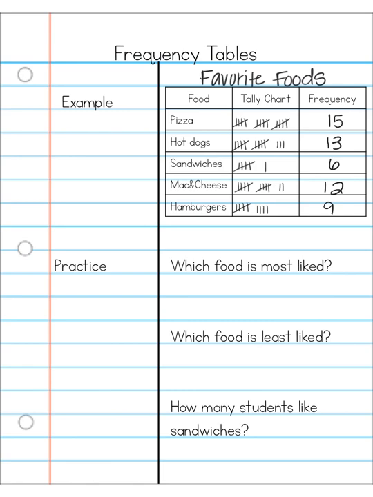Now let's look at some questions regarding our frequency table. Which food is most liked? Well, if I look at my frequency table, I'm looking for the greatest number in the frequency section of my table because that would be the one that happened the most. I'm looking at these numbers and 15 is the highest number, which means that pizza was most liked.